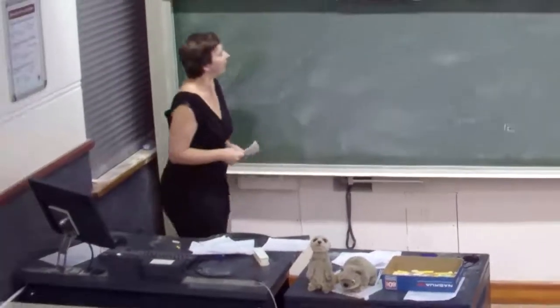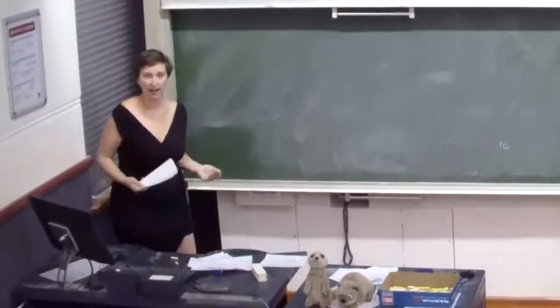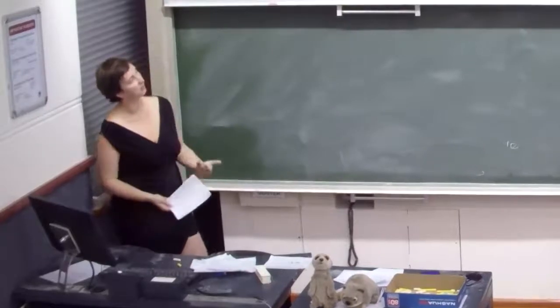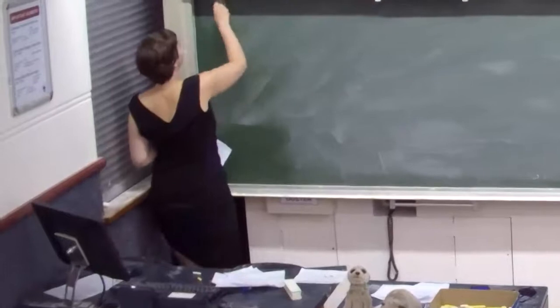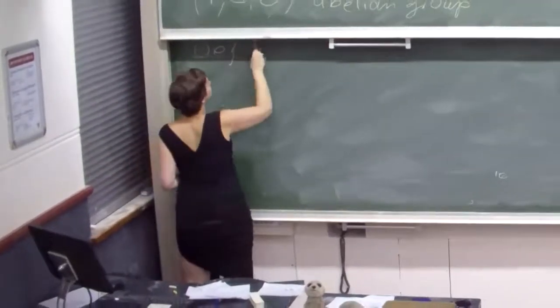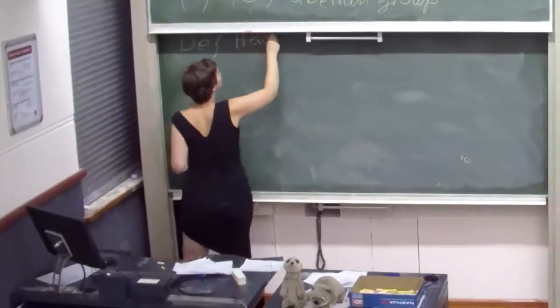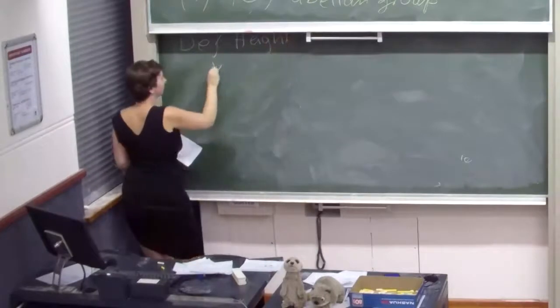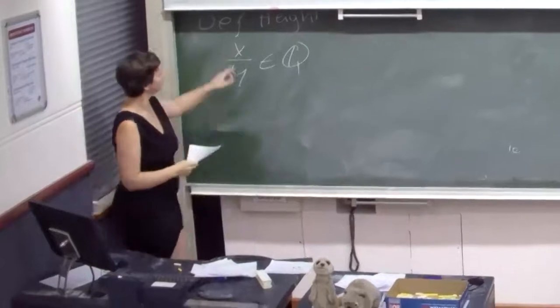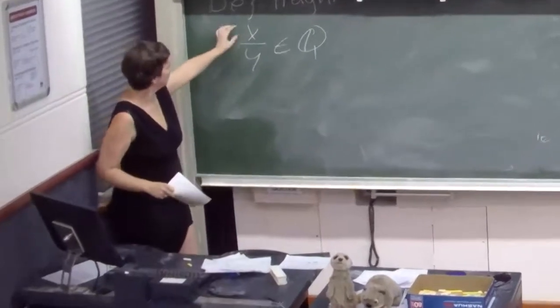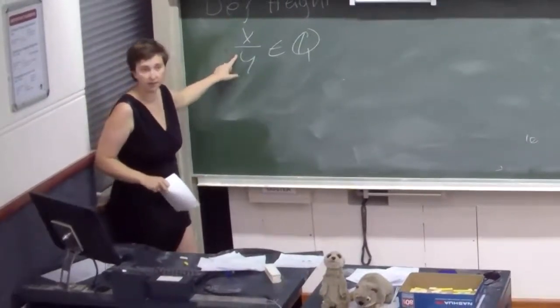Okay, so what are heights? Heights are a way to measure the arithmetic complexity of a number. So what is the definition? We take a rational number x over y, where x and y are integers. They are coprime.